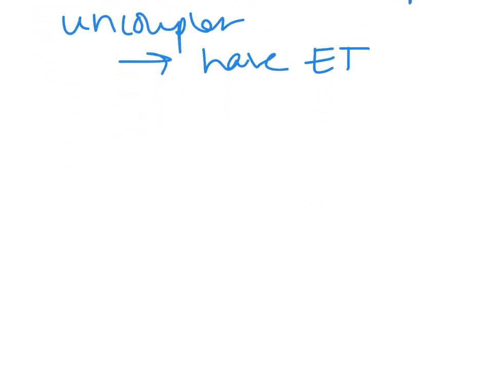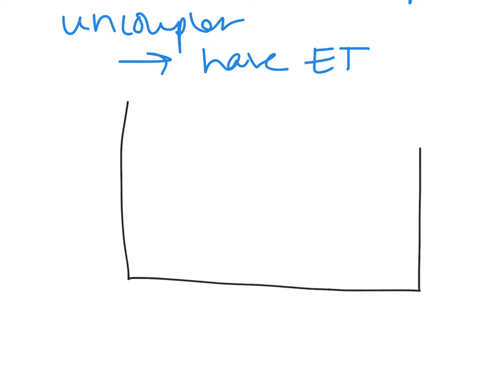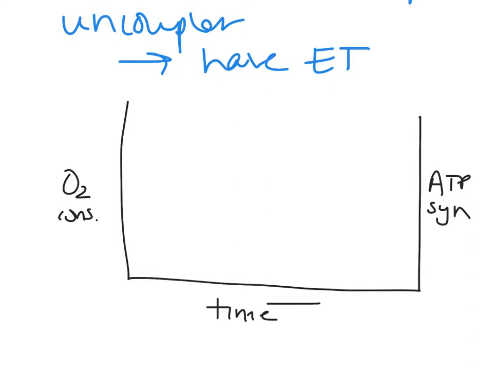So let me just show this to you graphically. Here we have our O2 consumption. Here we have ATP synthesis. And here we have time. So in blue, we have O2 consumption when we have succinate, ADP, plus inorganic phosphate.